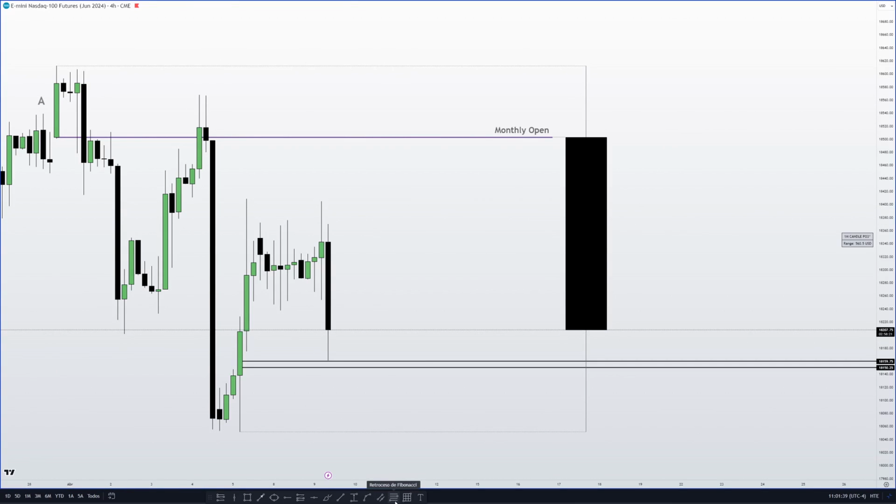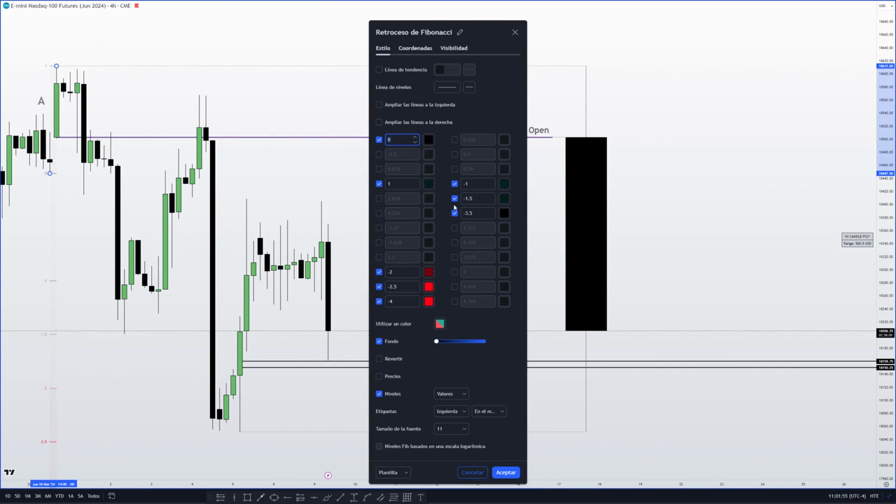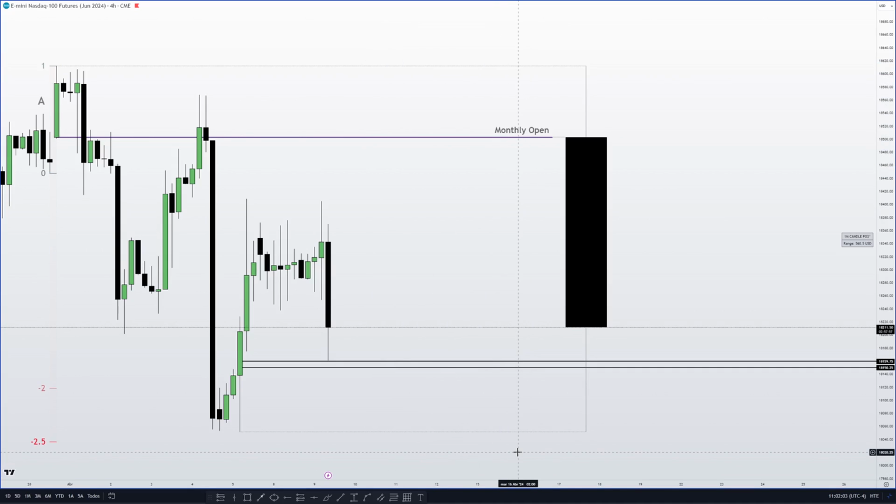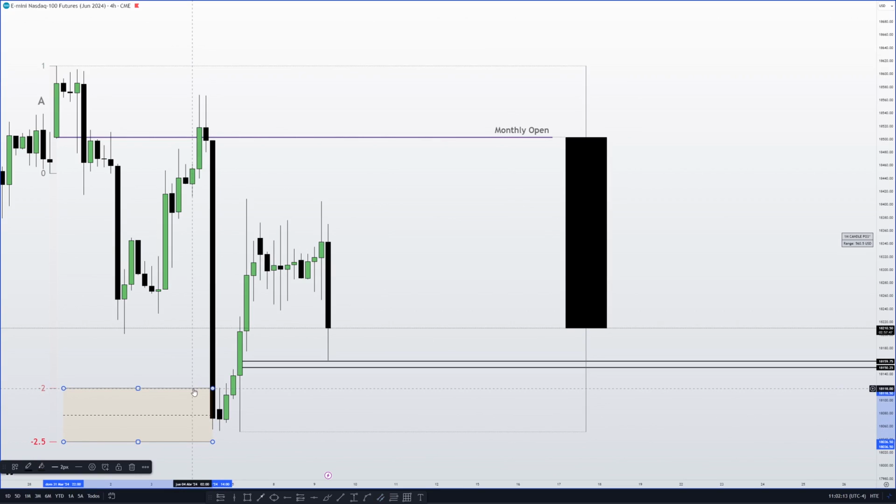If you take the most discernible range in the accumulation range, it's for projecting the manipulation phase. So I take this high and this low. And where is price right now? In the 2 and 2.5 deviation.